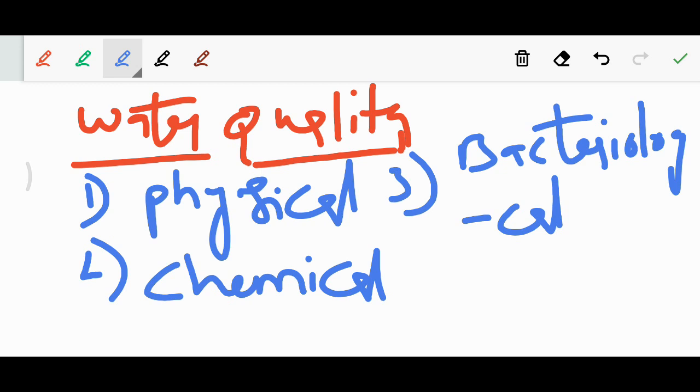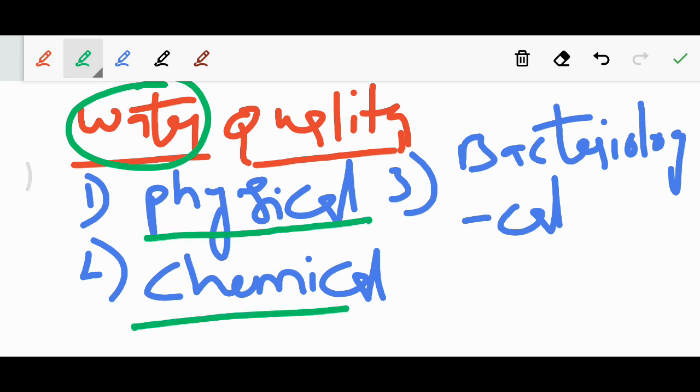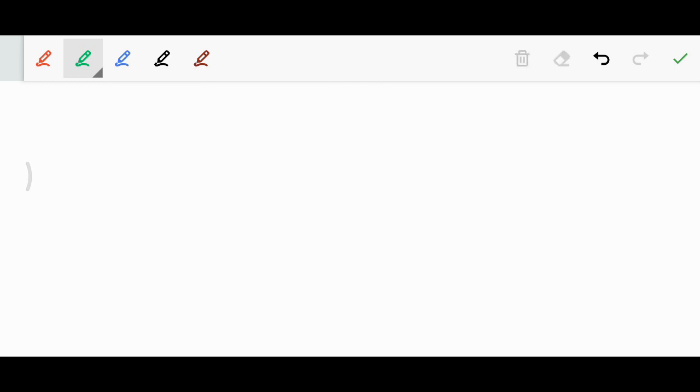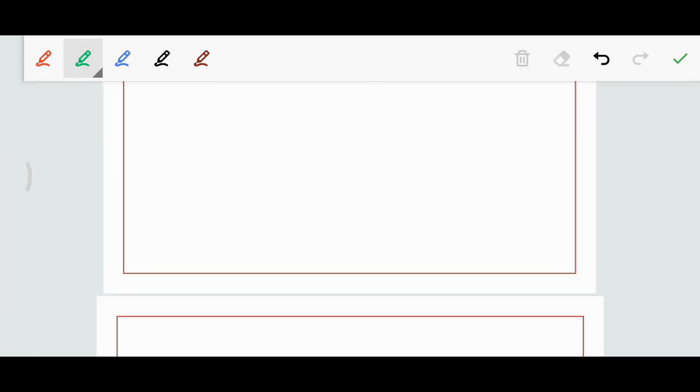So you can test water by three parameters, that is physical, chemical and biological. We'll see each one in detail.